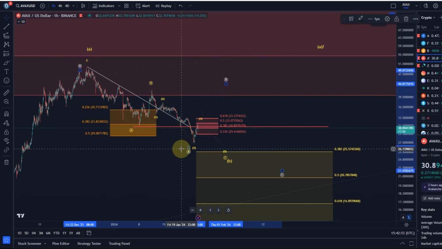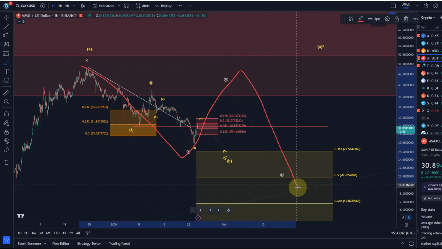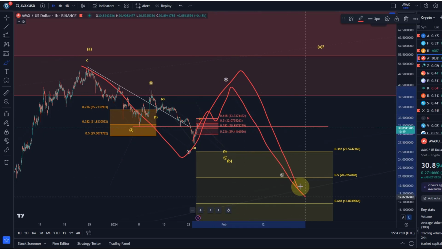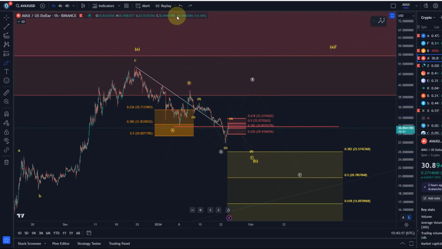So we have to assume that if we get a break above 33, it's forming a larger A, B, C structure, and the move down was simply an A wave. We would then see something like a B wave rally potentially, and then a C wave to the downside. That would be my next preferred scenario.